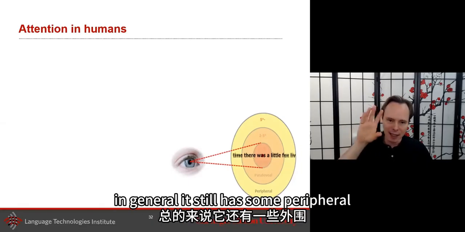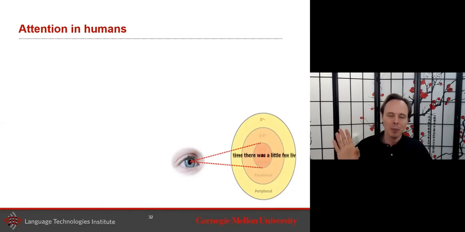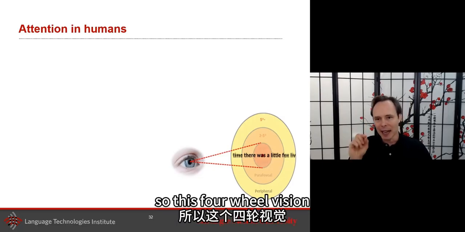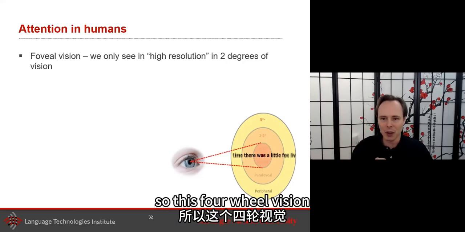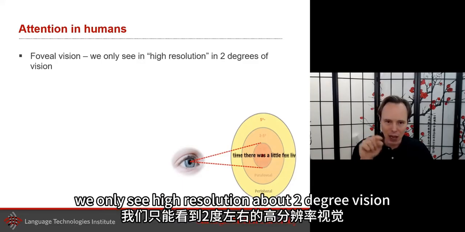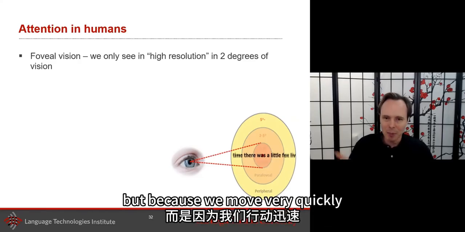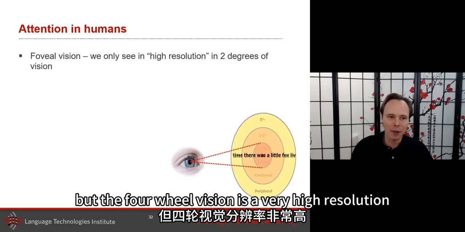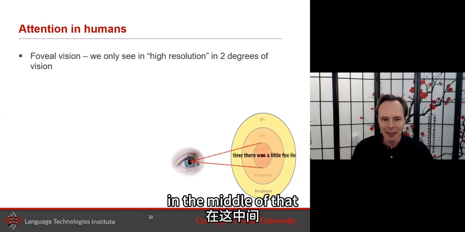In general, there is still some peripheral vision, but less information is gathered there than in the center. In foveal vision we only see high resolution in about a 2-degree field, but because we move very quickly, we do pick up a more encompassing view of the image, while the foveal vision is very high resolution in the middle of that.